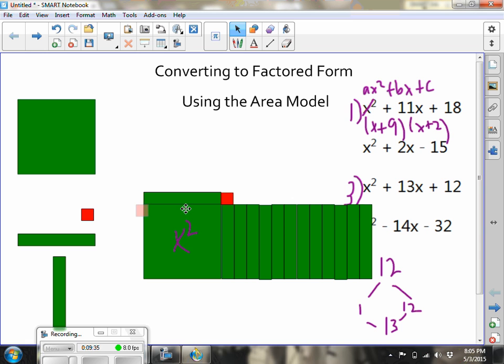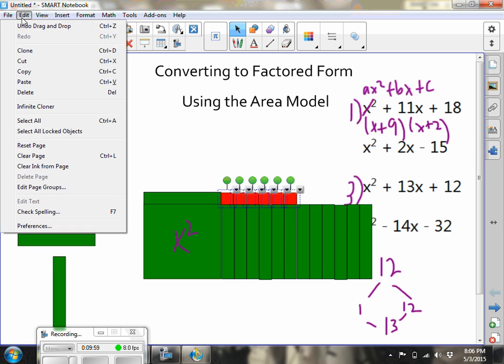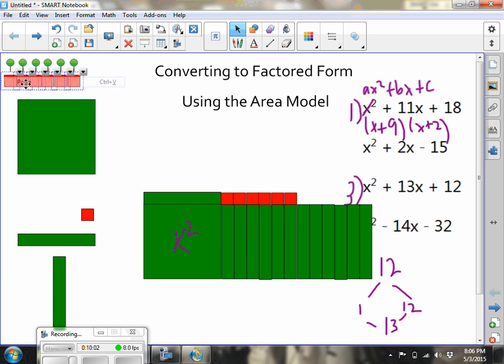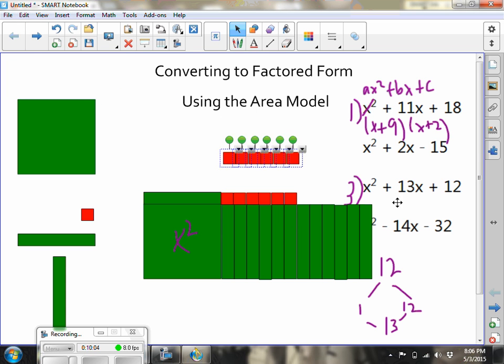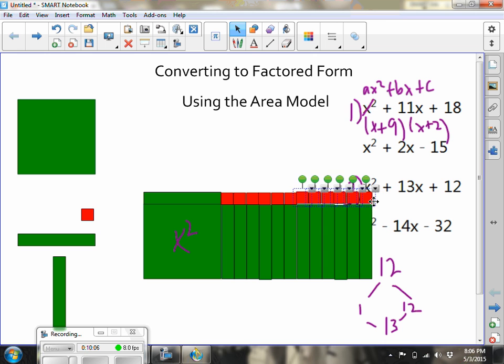And when I fill in my 1s, I've got 12 of them. So I know I did it correctly. And it fits. It makes me a rectangle.